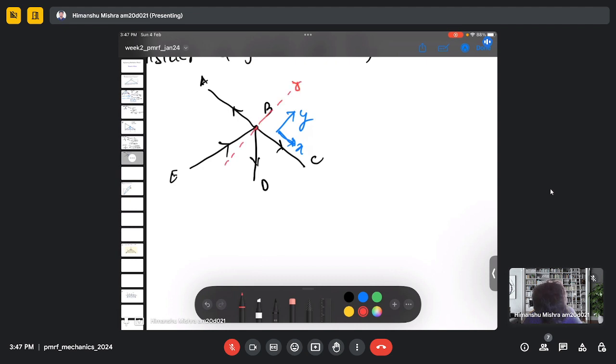This is y and this is my x component. So this will be 30 and this will be 30.